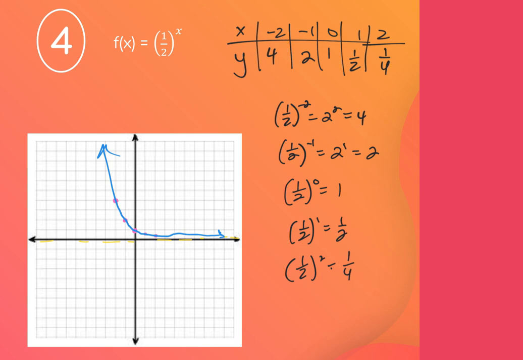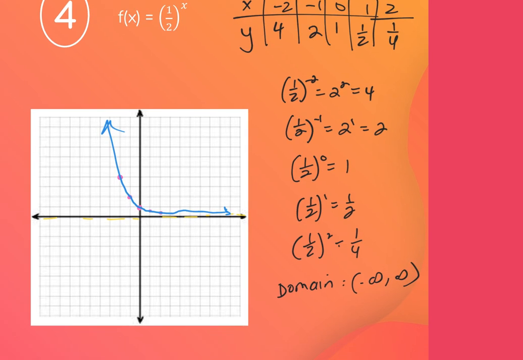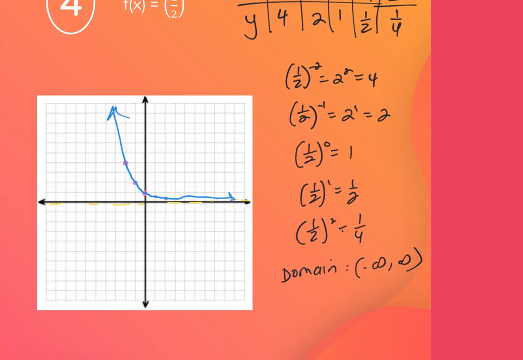I don't think it asked for it, but let's talk about it. So domain we said was what on all of these? All real numbers. I can plug in any value I want for x. What's the range on this function? Is there a stopping point vertically? It can't go past that asymptote, right?